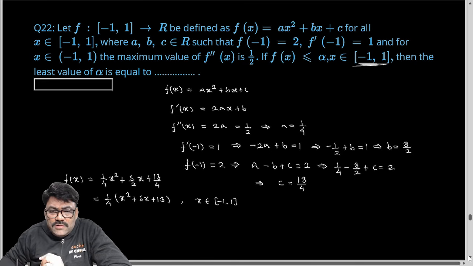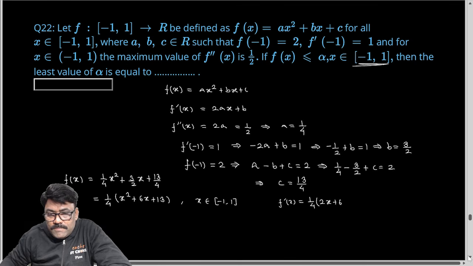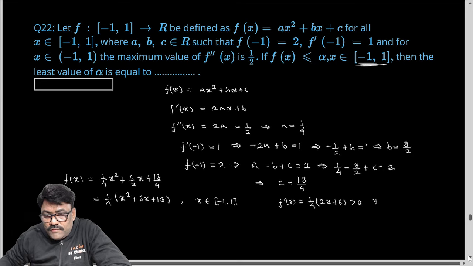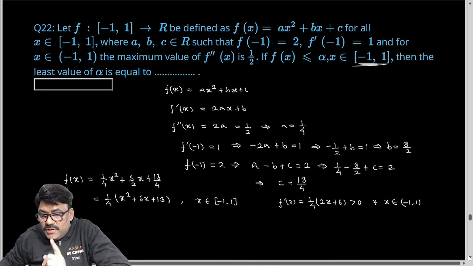And you can see that its derivative is always positive. Derivative is 1 by 4, 2x plus 6, which is always positive for all x belonging to minus 1 to 1. Even if you put x equal to minus 1, the least value, it is positive.